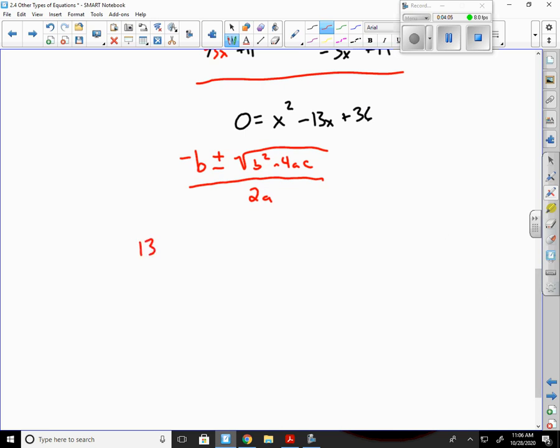It gives me positive 13 plus or minus the square root of b squared. That's negative 13 squared, which is 169, minus 4 times 1 times 36, all over 2 times 1, so just 2.